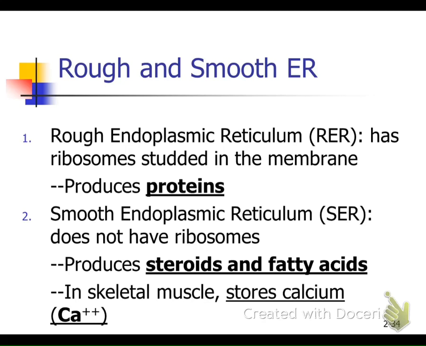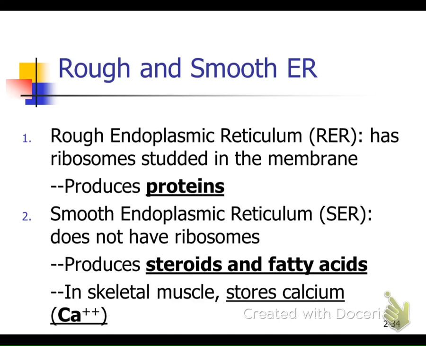So whenever you think of the rough endoplasmic reticulum, you're thinking about an organelle that is specialized for the production of proteins. Whereas the smooth endoplasmic reticulum does not have ribosomes, therefore does not make proteins. It instead is specialized in producing steroids and fatty acids. So steroids and fatty acids are made at the smooth ER.